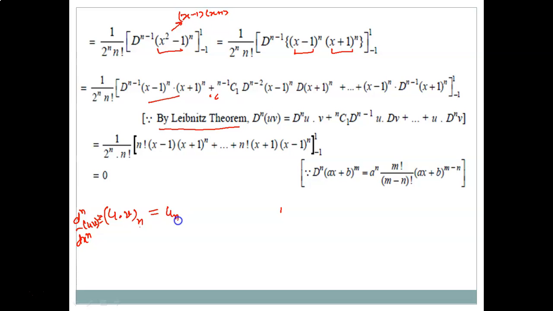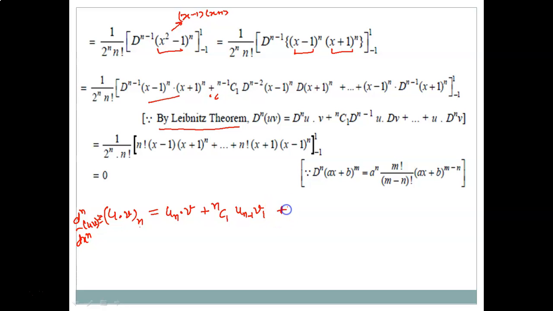It is like this. The nth derivative of the first function times the second function as it is. The second term will be nC1 times the n minus 1th derivative of the first function and the first derivative of the second function.